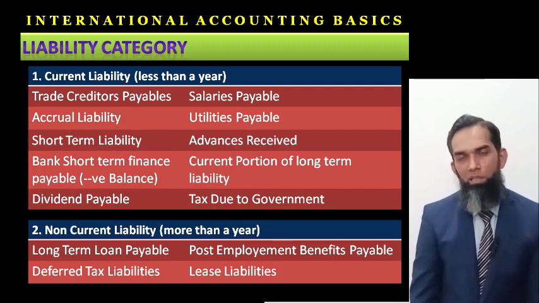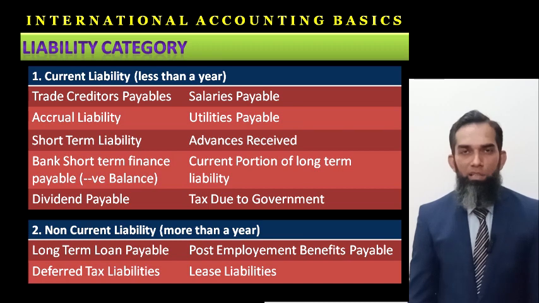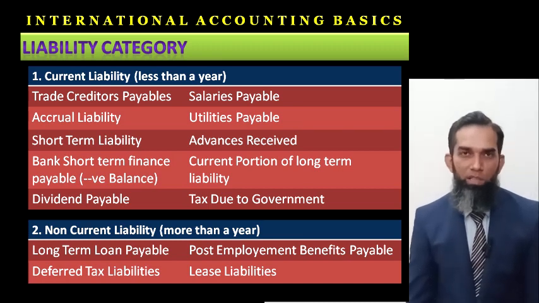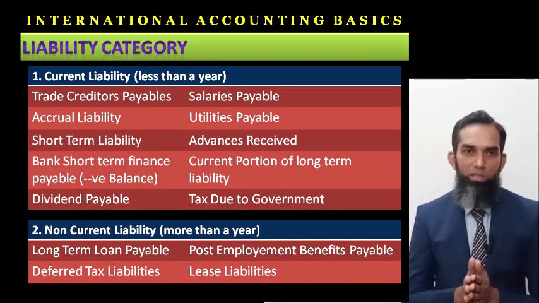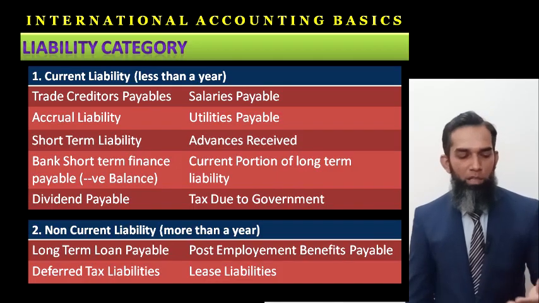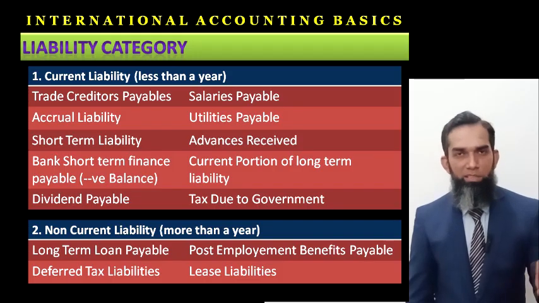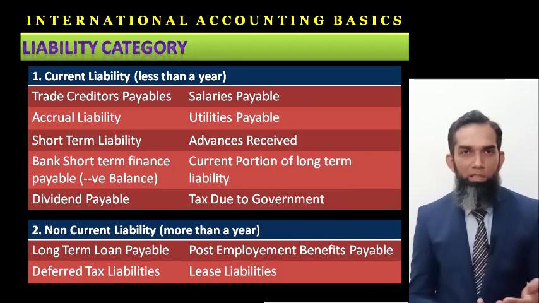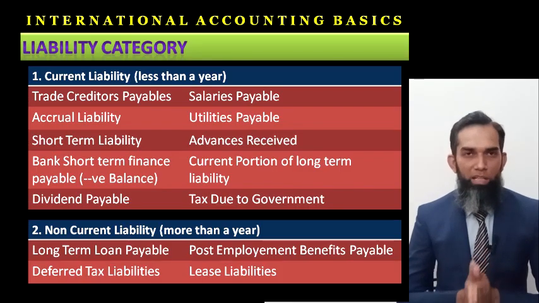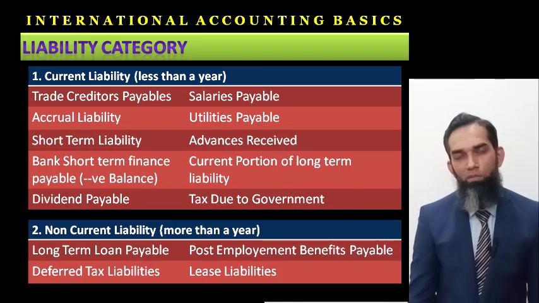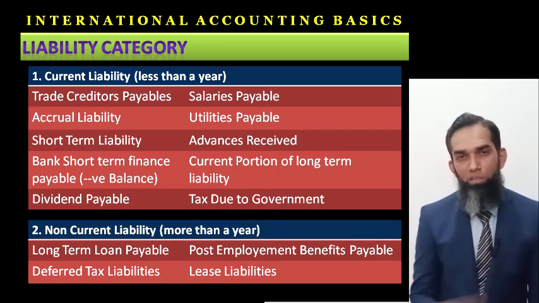These are the basic categories defined in the international accounting standards to bifurcate and record in a proper manner in the financial statement, so that the user can easily read what the current liabilities are, how they can match their current assets with the current liabilities, how the company can pay that amount within a period of 1 year, and whether they have the ability to pay in the near future.